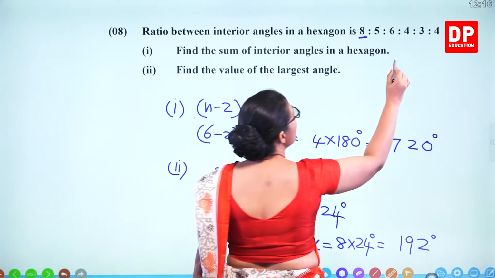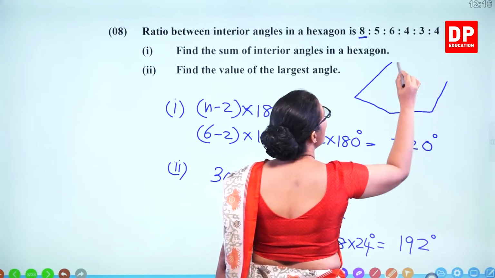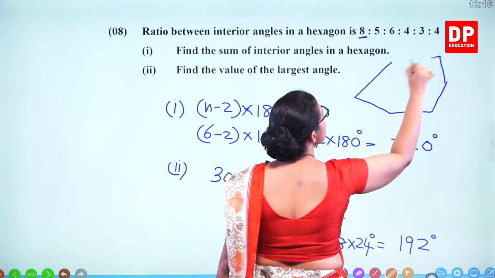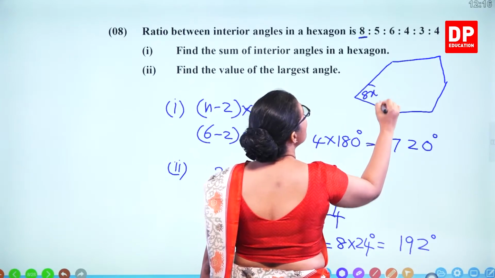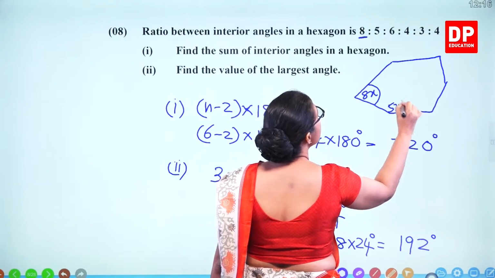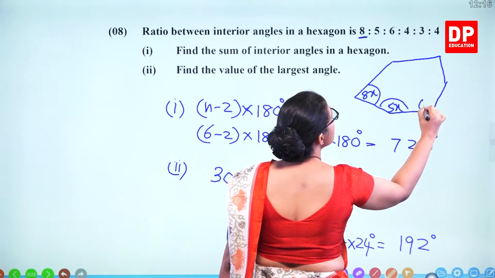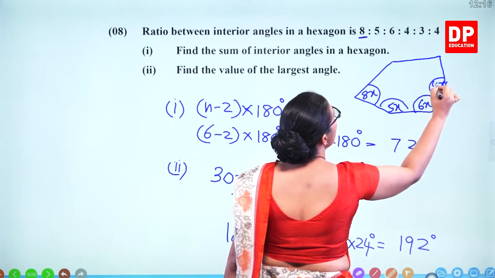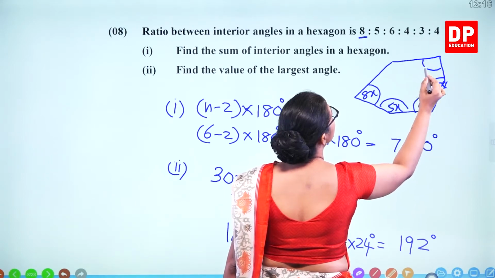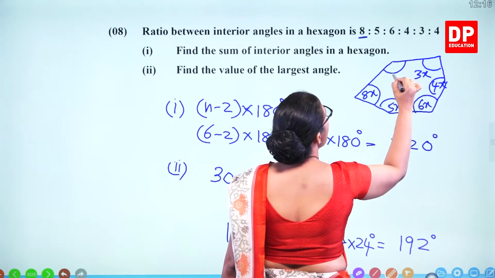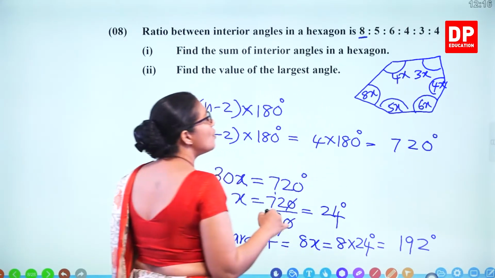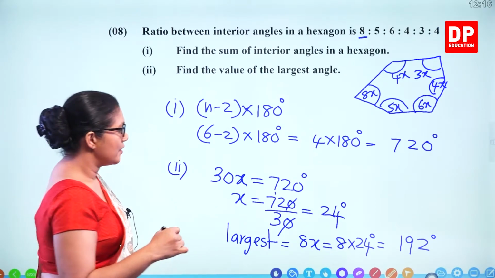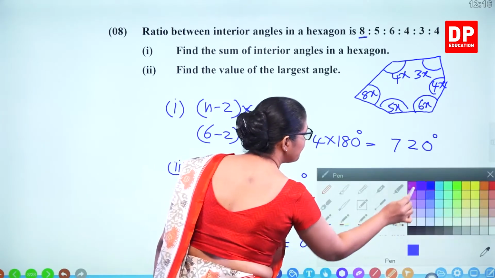So here, why did we take x? 1, 2, 3, 4, 5, 6. So when you write down the angles, you can write 8x, 5x, 6x, all because ratio is given. We don't know actual angle. That's why the sum is equal to 720. So 2 marks for that.